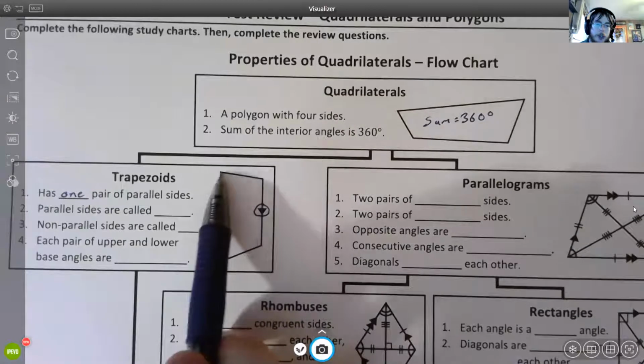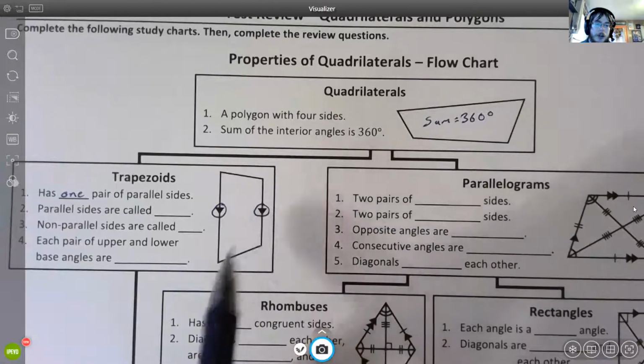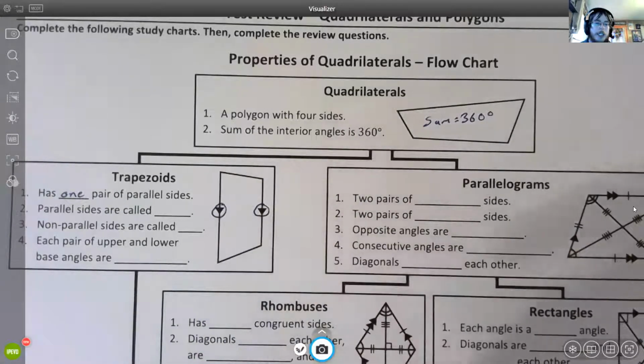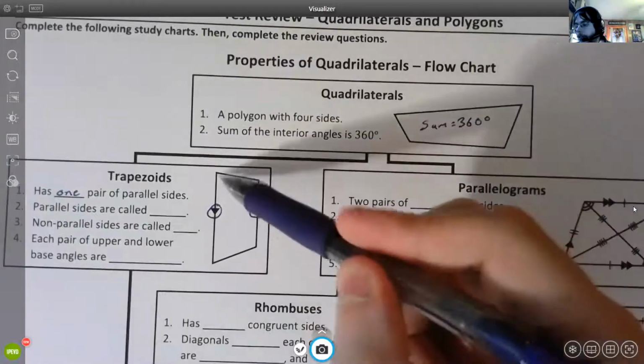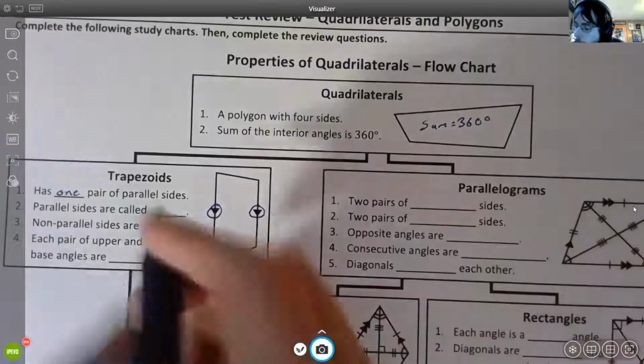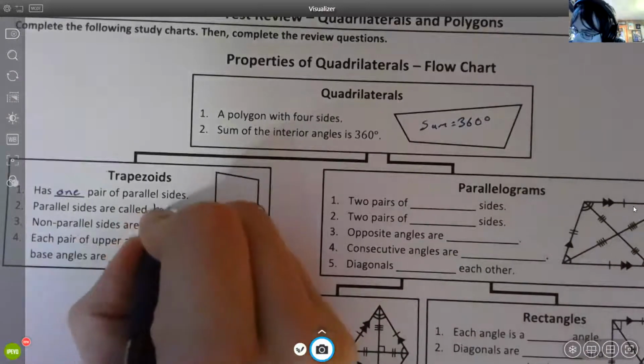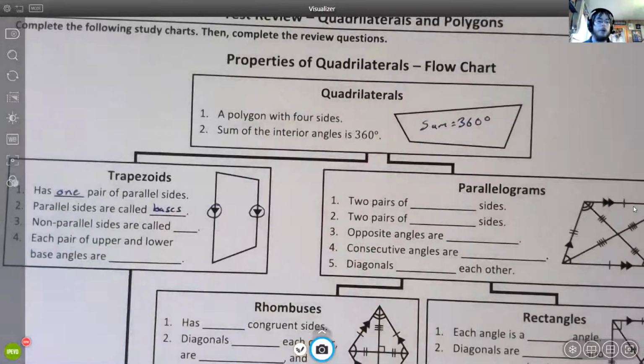And you can see that if you were to extend those sides out to infinity, you would see that they would eventually cross, and so they cannot be parallel. The parallel sides, so in this case, these 2 sides, are called the bases. And one is called the upper base and one is called the lower base.